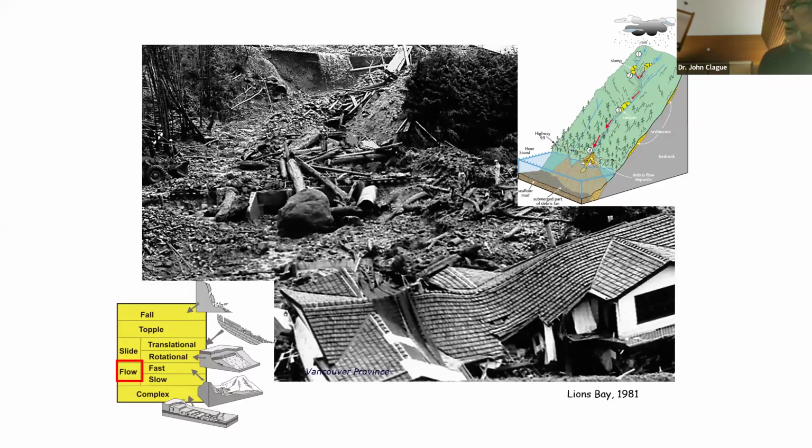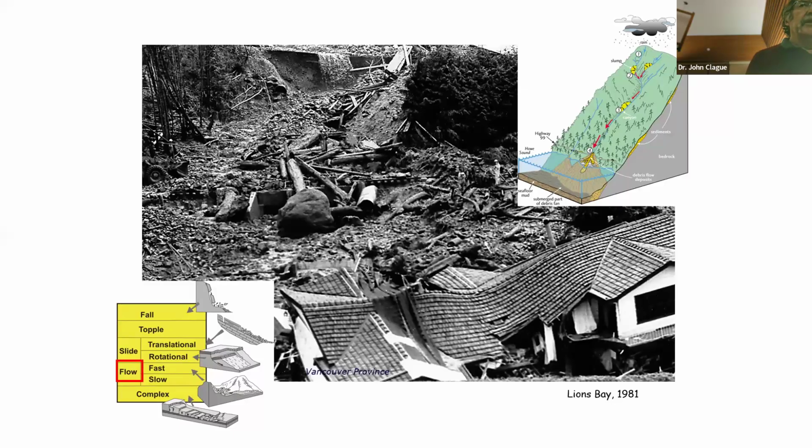So this is a photograph of that fatal landslide in, I think, 1981, in Lions Bay that killed two teenage boys who were in a trailer along Alberta Creek. And Alberta Creek wasn't understood to have a potential debris flow hazard problem.